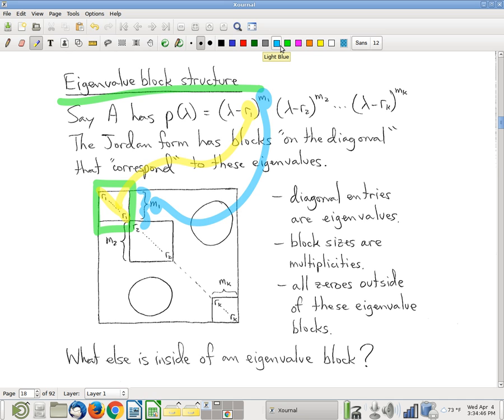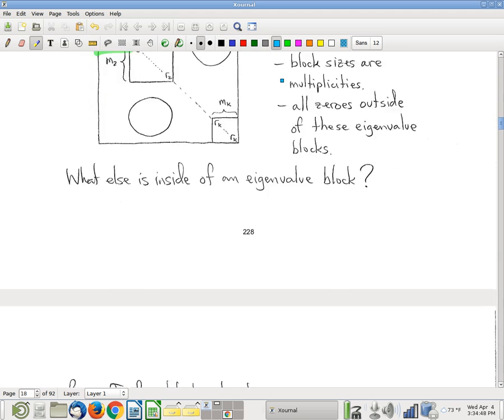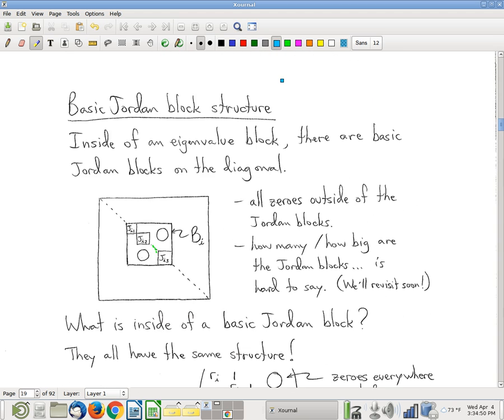And then when we looked inside of eigenvalue blocks, we got to basic Jordan blocks. Here's our eigenvalue block, inside of which we have these little basic Jordan blocks. And the natural question that comes up is, what do those relate to? Do these somehow relate to something relevant to diagonalization, maybe?